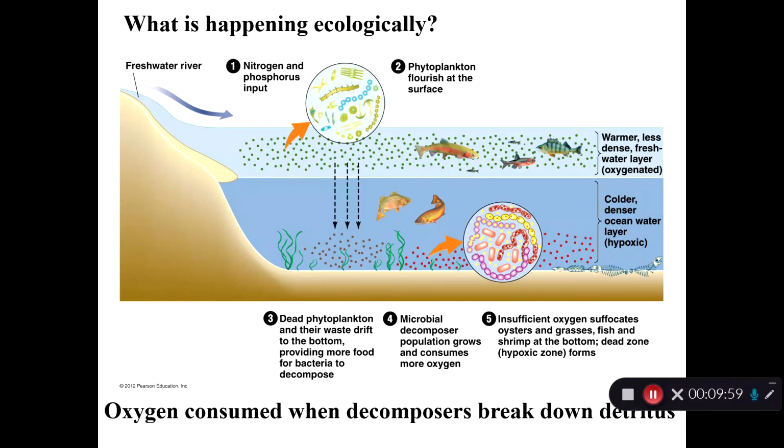So this could be your fish or your shrimp, if you're in the marine system, and then you get these low oxygen conditions, and your fish and your shrimp and your other invertebrates start dying. Now you've got even more dead organic matter, and you end up with an ecosystem that's very high in phytoplankton, very high in dead organic matter, very high in decomposers, and very low in oxygen.